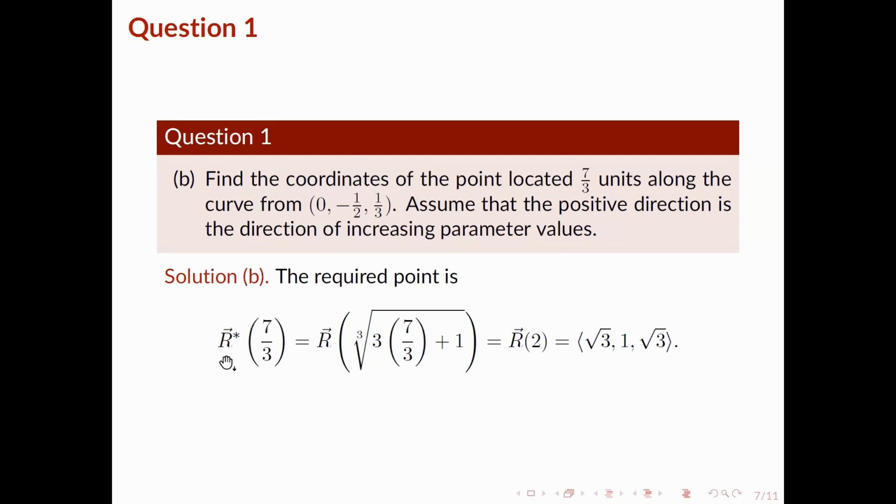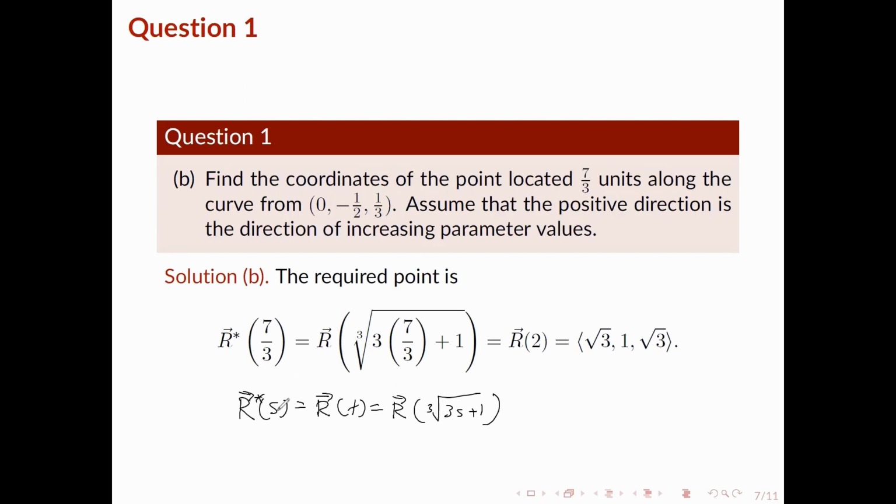To calculate this point, we note that this is equal to r of the cube root of 3 times 7/3 plus 1. This comes from the previous equality r star of s equals r of t, which is then equal to r of the cube root of 3s plus 1.